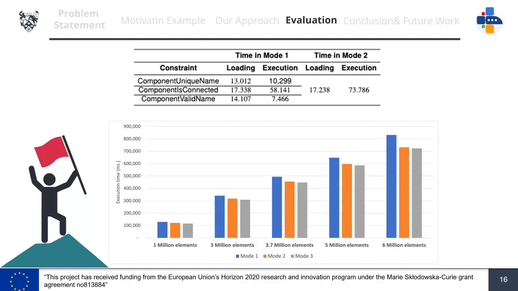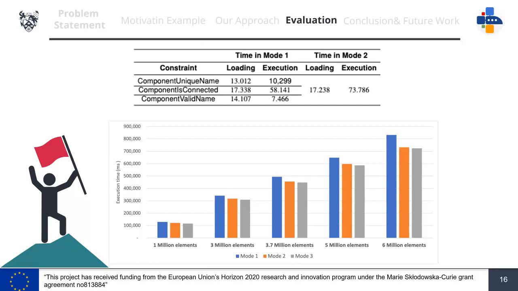And if you want to see how it's justified, these 3 constraints, unique name, component disconnected, and valid name, they are separate, right? So it takes 30 seconds for loading the first information for the first constraint, 17 seconds for loading information for the is connected constraint, and 14 seconds for the last one. And execution 10, 58, and 7, right? But when we group them, because component is connected is a superset, the main one, and the 2 others are subsets, the loading time increased just to 17, which is for the component is connected.